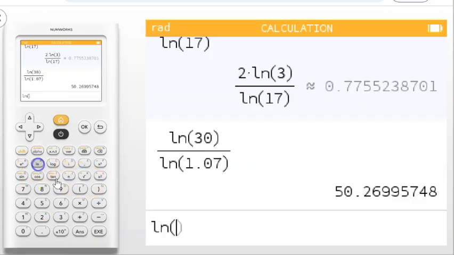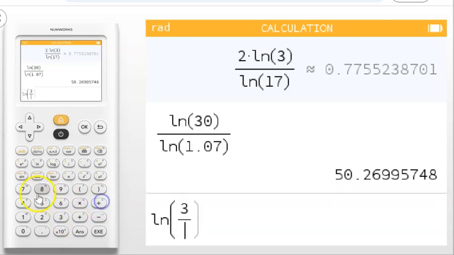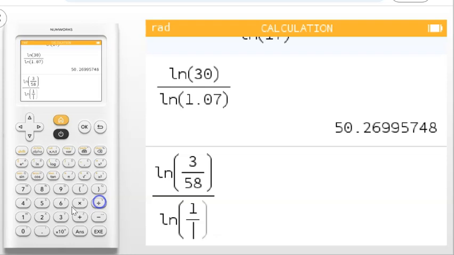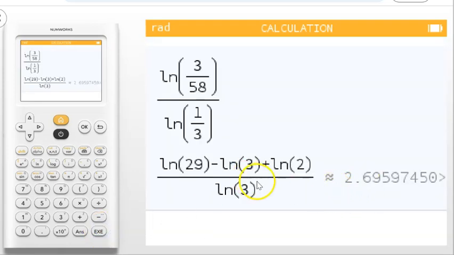All right, so we'll do the natural log of 3 over 58, and we'll close parenthesis, divided by the natural log of 1 over 3. Close parenthesis, and press enter, and we get 2.6959.